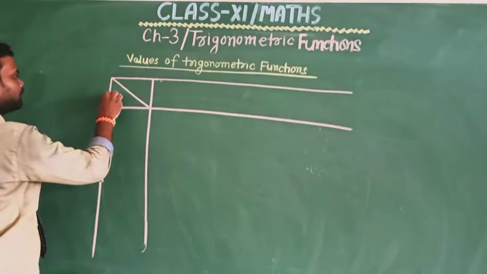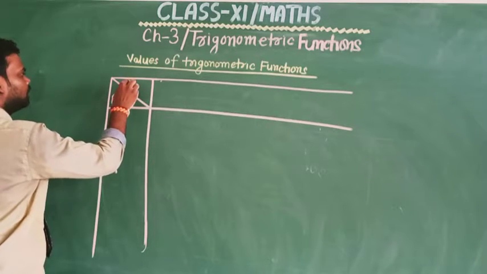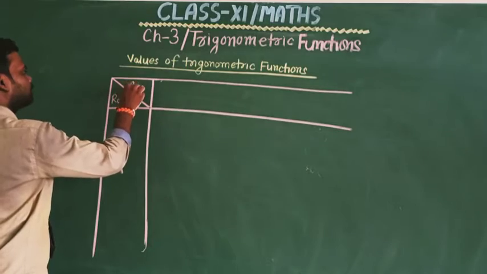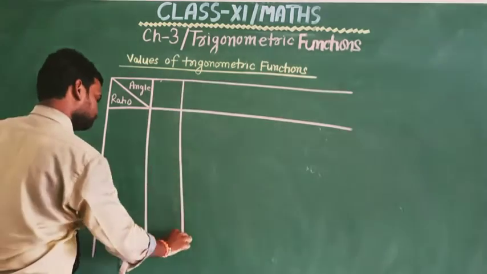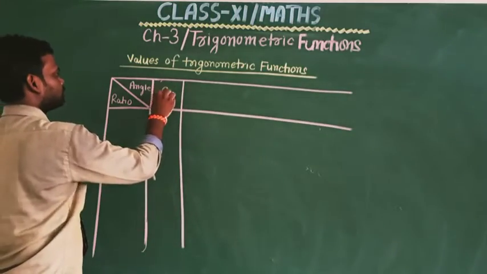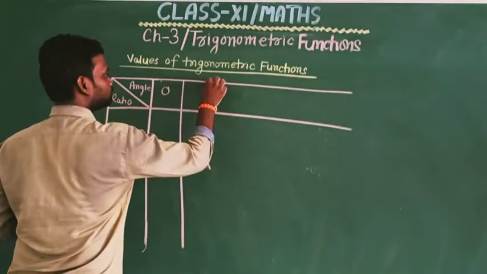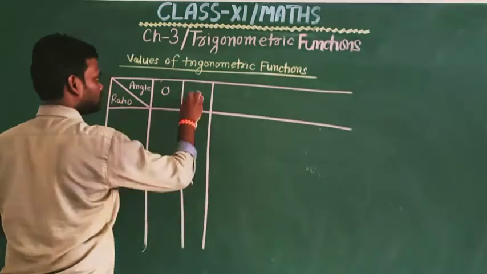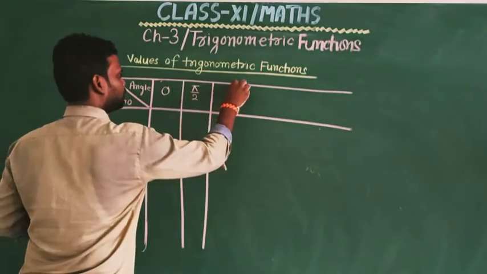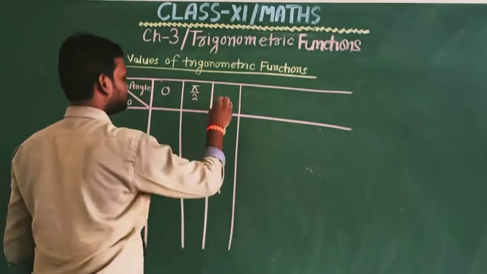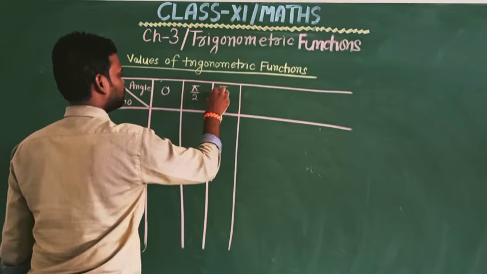This is the ratio or trigonometric function, and this is the angle. This is 0 degree. This is 30 degree, which is pi by 6. 45 degree means pi by 4.